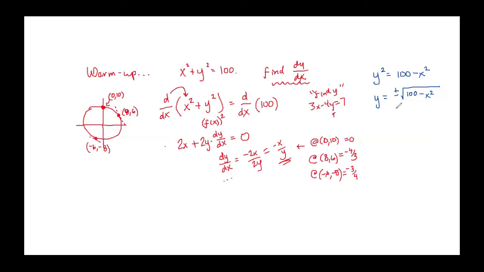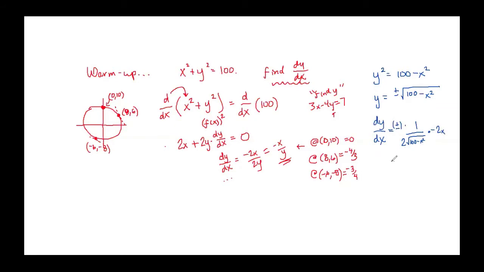Same here. So if I wanted to find the derivative of this, dy/dx, taking the derivative with respect to x on the left-hand side, on the right I'm going to get this plus or minus, like a positive or negative 1 coefficient multiplied onto the derivative of this. I'd get 1 over 2 times the square root, our normal square root derivative, of 100 minus x squared, and then times the chain rule, derivative of what's underneath, negative 2x.